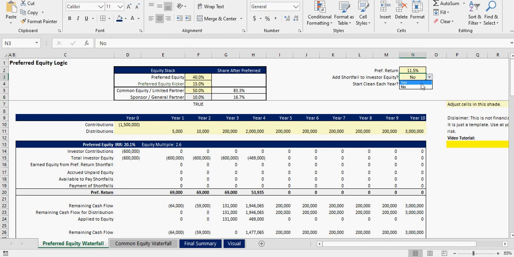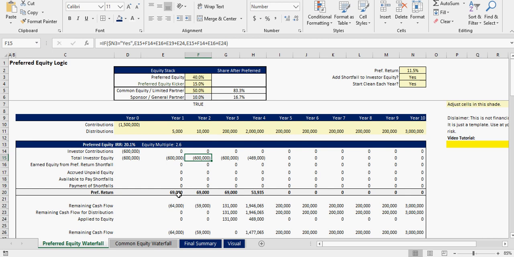So let's say we're adding shortfalls, but we're starting clean each year. If we start clean each year, that essentially just resets it. It's the same thing as saying don't add shortfalls. Because that's just saying the equity is what it is, and if you weren't able to cover the preferred return, that's fine.